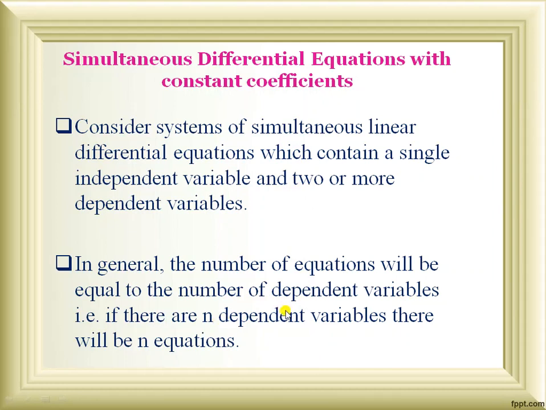Suppose we have two equations in the given problem, then we definitely have two dependent variables, and for all the problems we have only one independent variable. So the number of dependent variables equals the number of equations and the independent variable is 1.